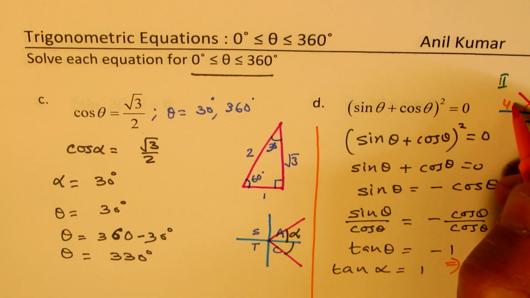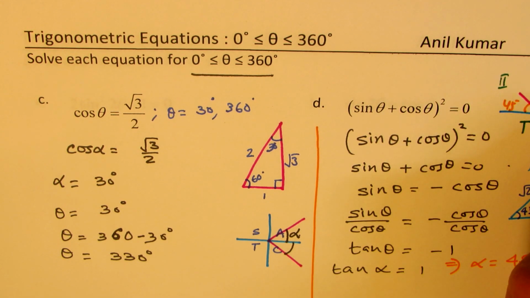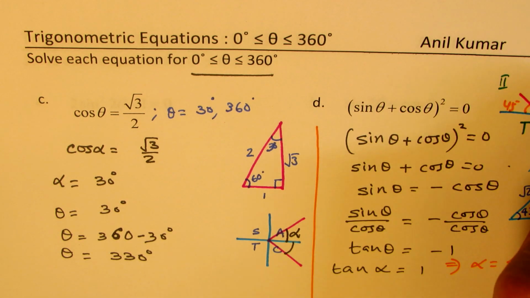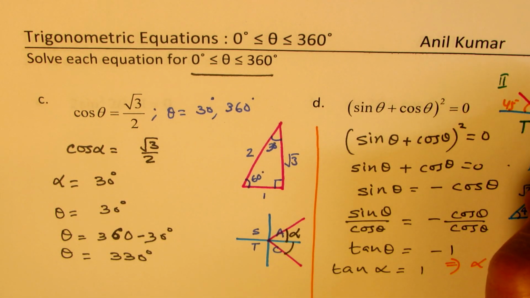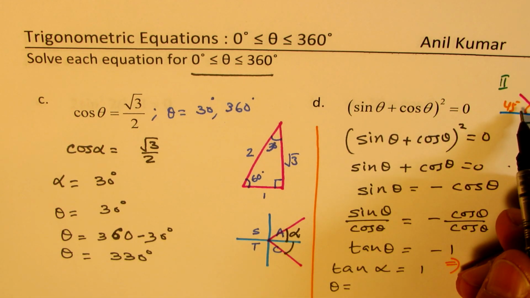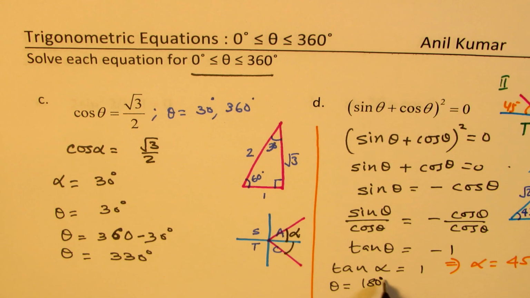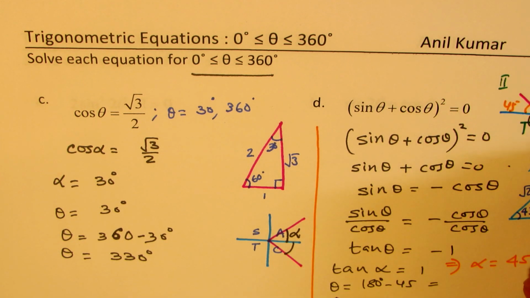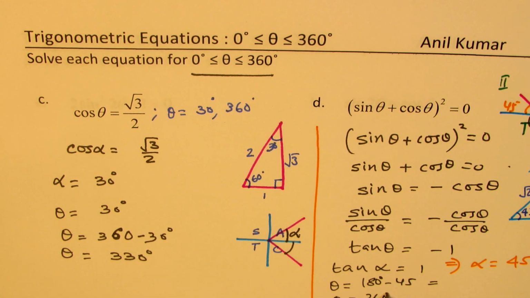Now, if alpha is 45 degrees, what should be theta? So this is 45 degrees. This is also 45 degrees, right? This theta, remember, is a principal angle. So one angle is like this, which is, we can say theta equals 180 minus 45. Correct? The other angle theta is that much, 360 minus 45 degrees.